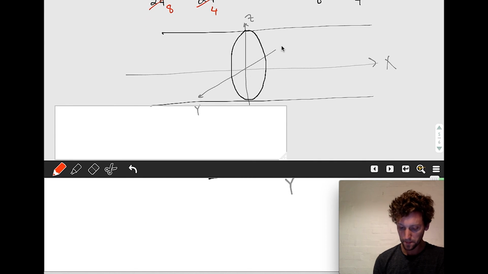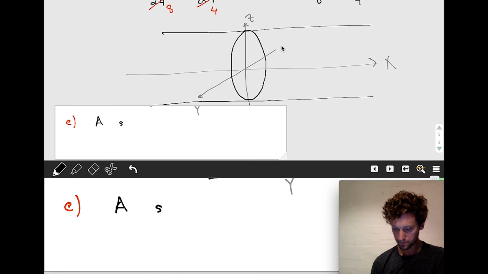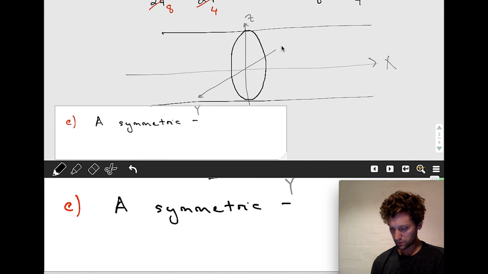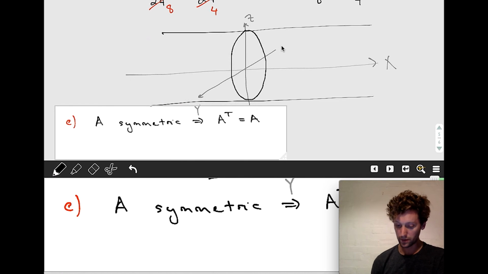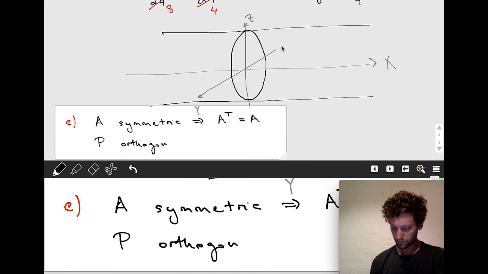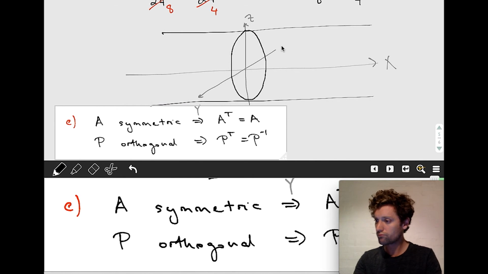This is part E. We're told that A is a symmetric matrix, which implies that A transpose is equal to A. We're told that P is orthogonal, which means that the transpose of P is equal to P inverse. And we're asked to prove that P inverse A P is symmetric.